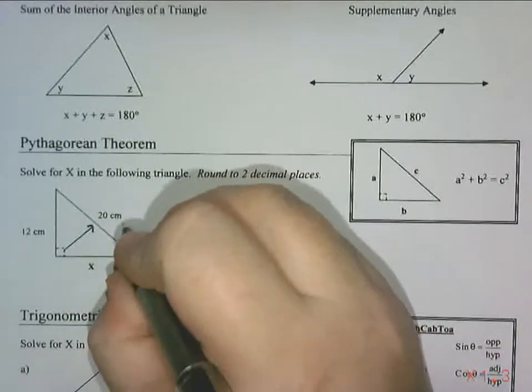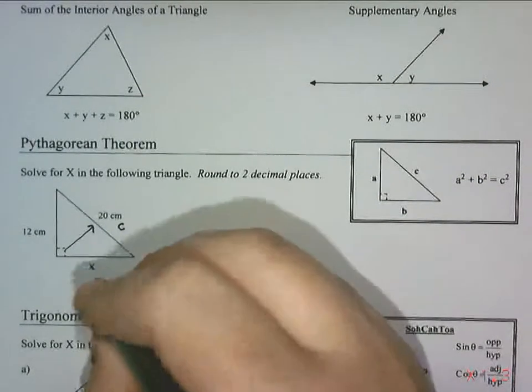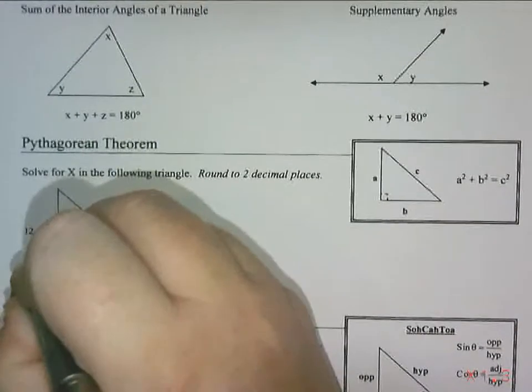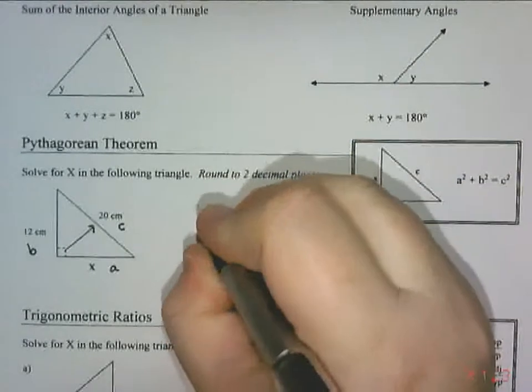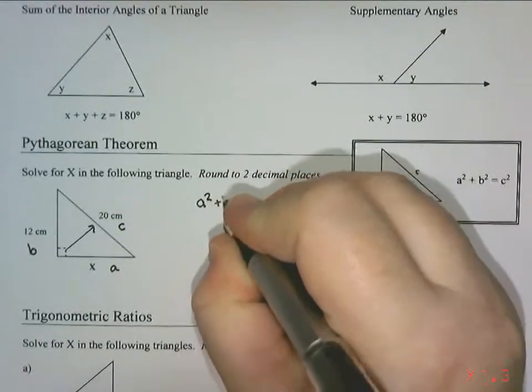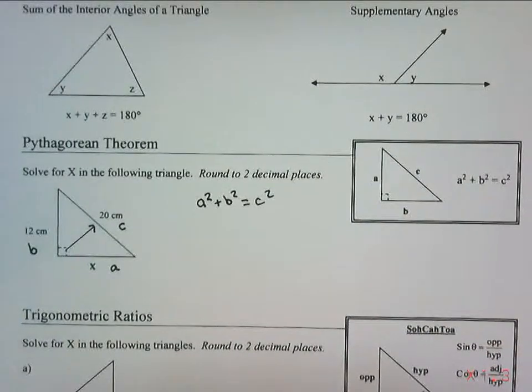So in this example here, the 20 centimeters is our C, and then the other two sides will be A and B, and it doesn't really matter which one we let be which, as long as one is A and one is B. So I'm going to write down the formula: a squared plus b squared equals c squared, and then just substitute in my values.